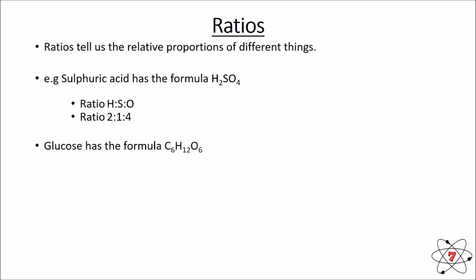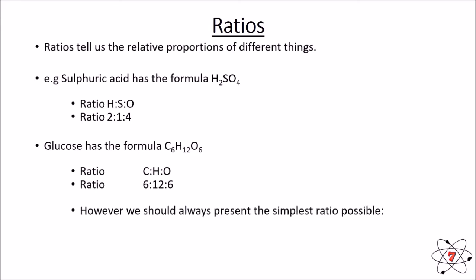Let's have a look at another example. Glucose has the formula C6H12O6. So we're looking at the ratio of carbon to hydrogen to oxygen. We can see there are 6 carbons, 12 hydrogens, and 6 oxygens. So the ratio is 6 to 12 to 6. However, we can make this ratio simpler, and we should always endeavour to make ratios as simple as they can.